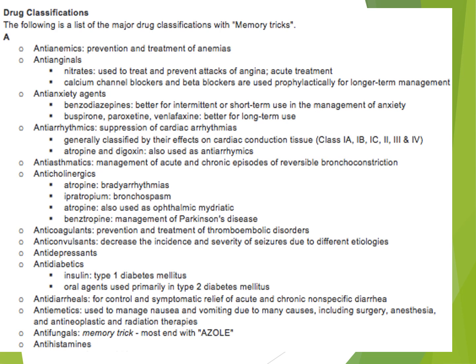Antidepressants, obviously for depression, right? Anti-diabetics, right? For patients with diabetes. So it's very important that when you study your different systems that you learn the drugs by their drug class. It's very helpful and it makes your life with pharm so much easier.